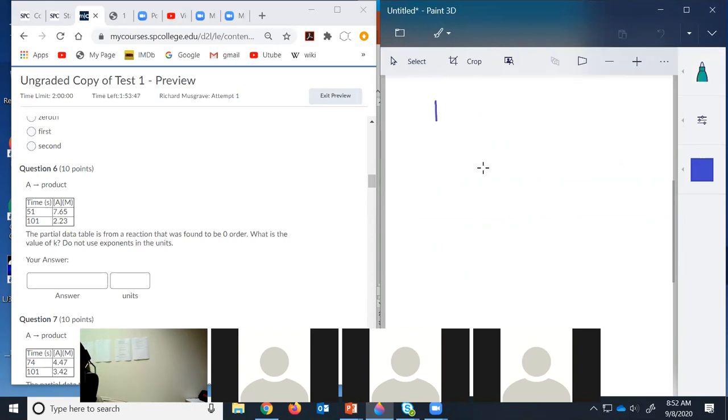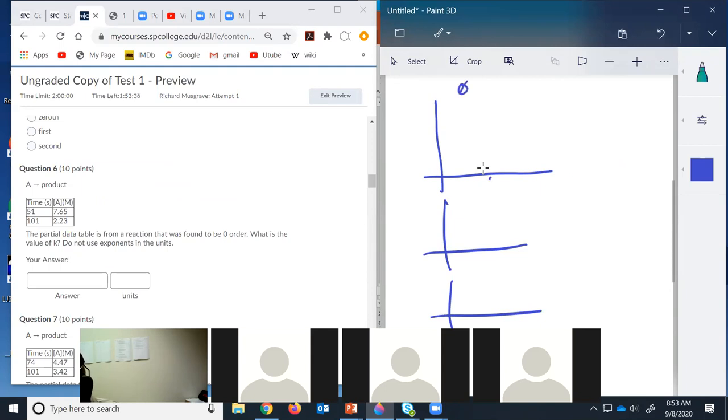What I like to do is draw a little graph. And there's three graphs we can draw here. So for 0 order, it'll be time, which is in seconds, and then the concentration of A, which will be in molar.